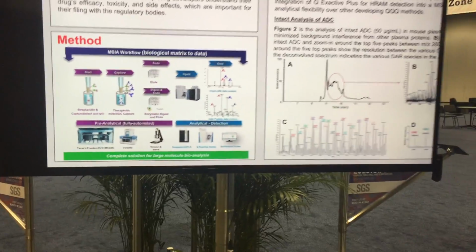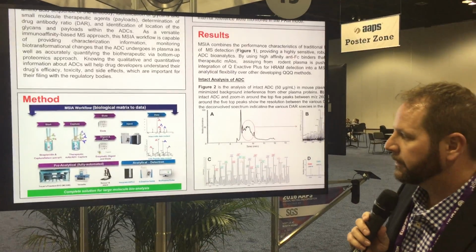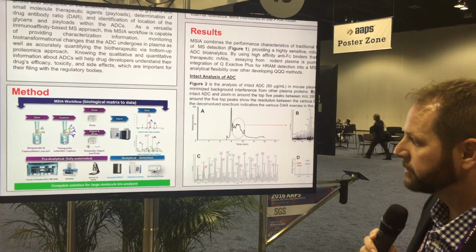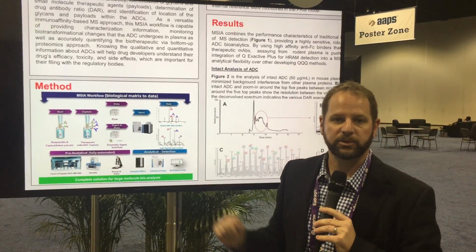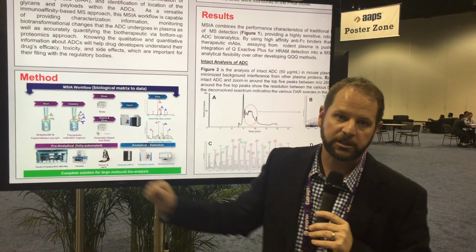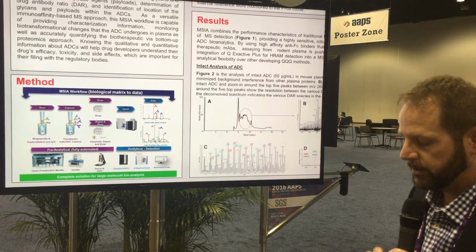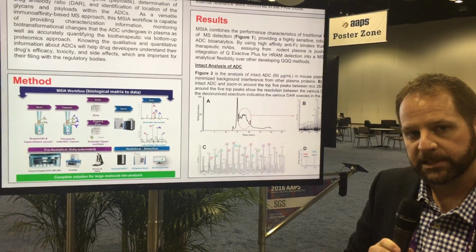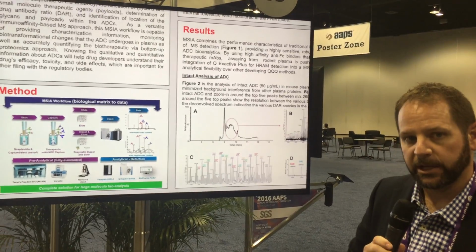We're going to use the Thermo Scientific CaptureSelect anti-IgG. That's going to allow us to now capture our ADC, which is based on a humanized monoclonal antibody, because this anti-IgG actually cross-reacts with those human IgGs. This is in a rodent plasma sample, so we're looking at preclinical studies. It can also be done in non-human primates.